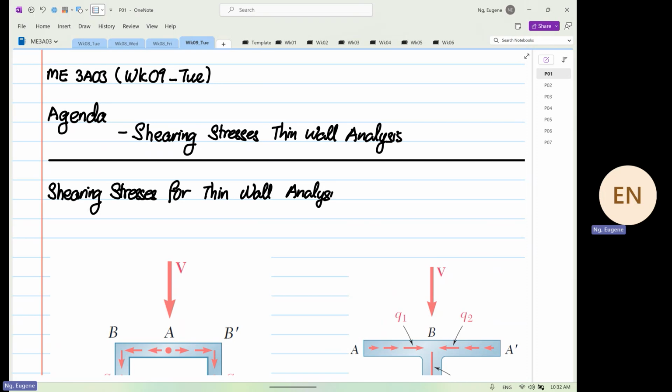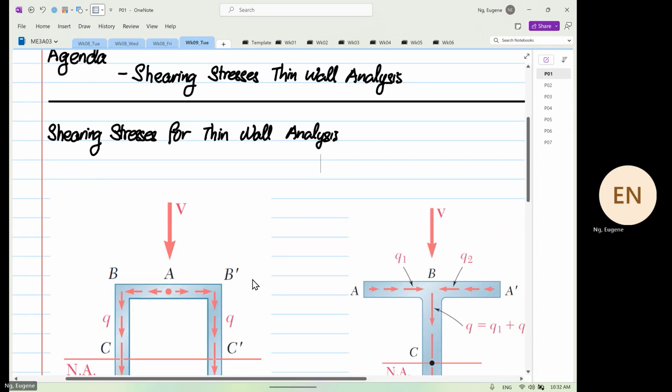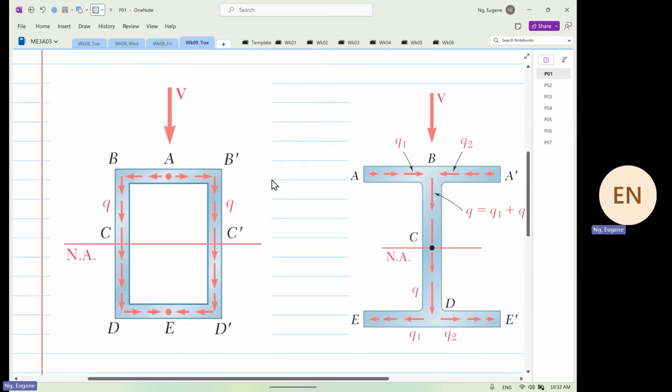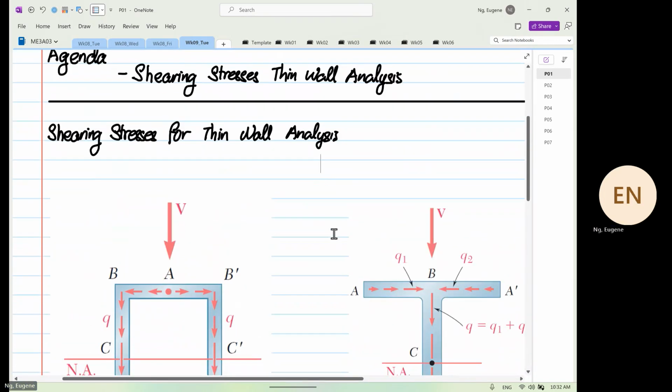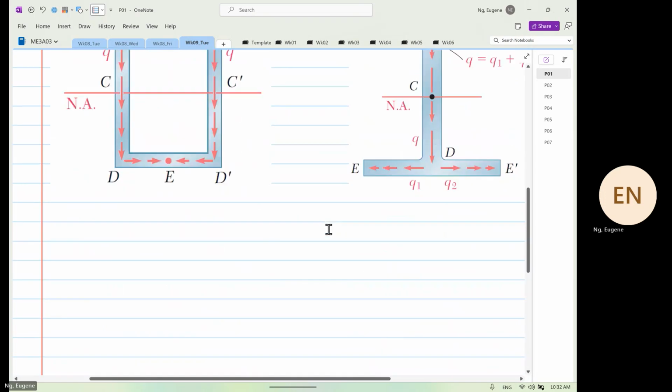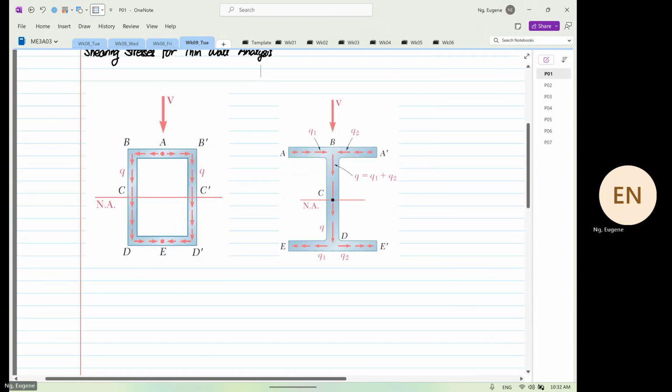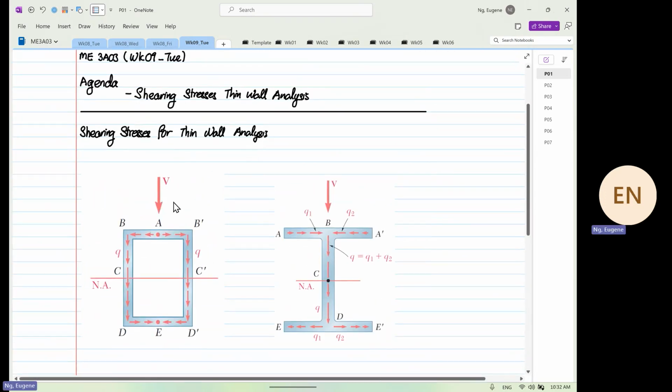The formulas that we are going to use, there are 2 formulas. And you guys will say, yeah, I've seen those formulas before.